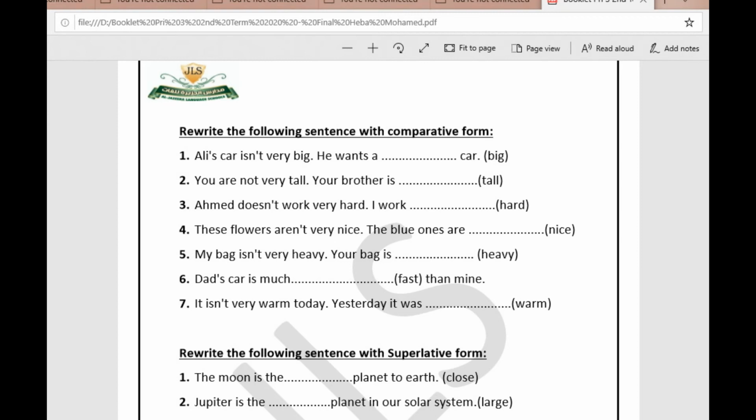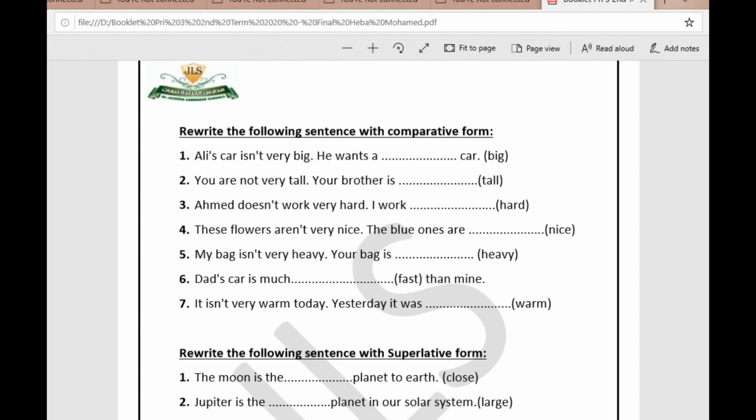Here, we want to put the adjective big in the comparative form. Look here, the adjective big. We have letter B, which is consonant, I, vowel, and G, consonant. So, the answer is bigger. He wants a bigger car.